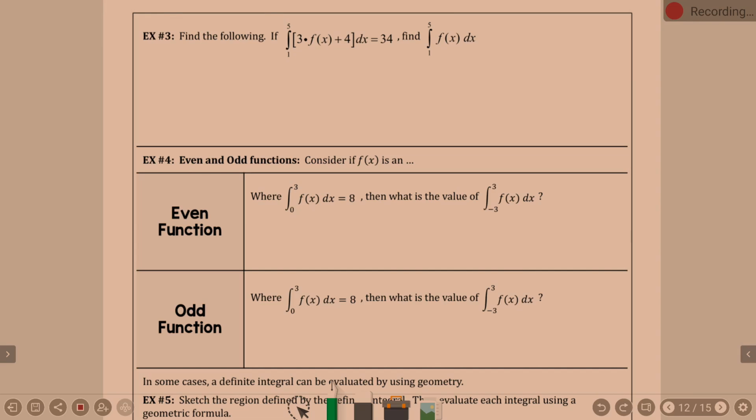Wait. Can't you split it out? I kind of think of this as a big equation because we're trying to solve for the integral from 1 to 5 of f of x. I'm not sure if that's how you have to do it, but that's how my brain works, at least in terms of teaching it. What do you say, Aiden?